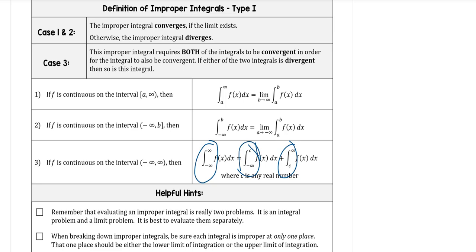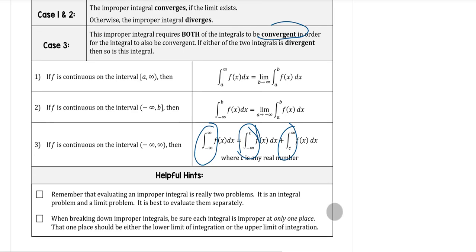And then we're going to see if they both converge or one of them converges and one diverges. Both of them have to be convergent. You can't have one convergent and one not convergent. Once you find one's not convergent, it's over. You're done with the problem. It's divergent and there's no value.